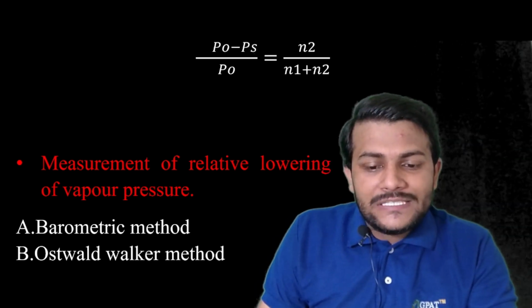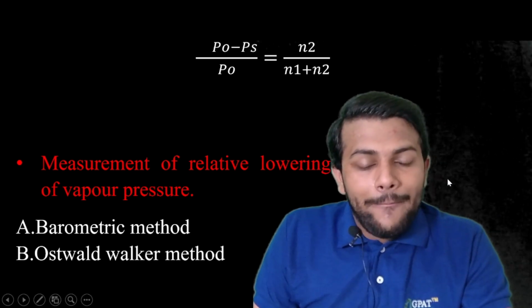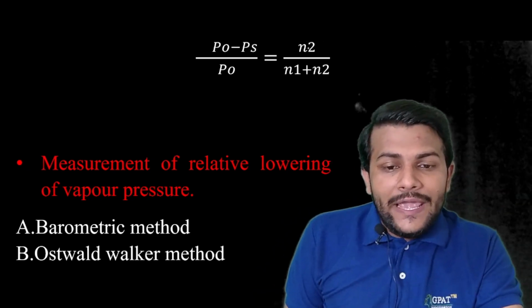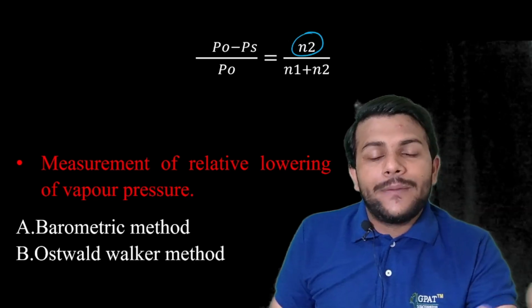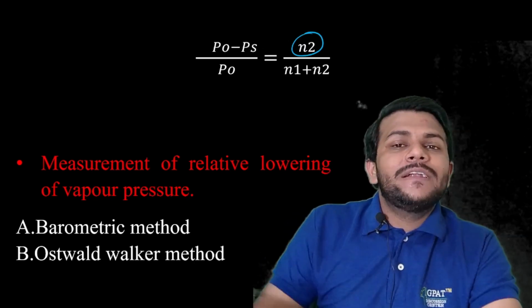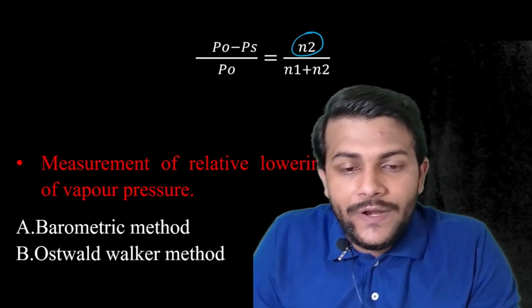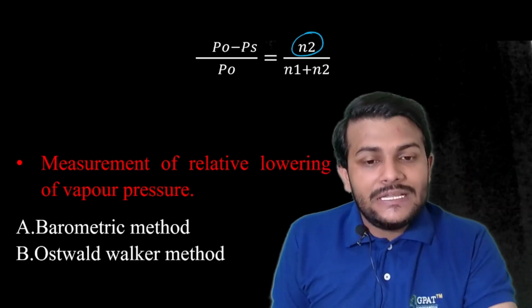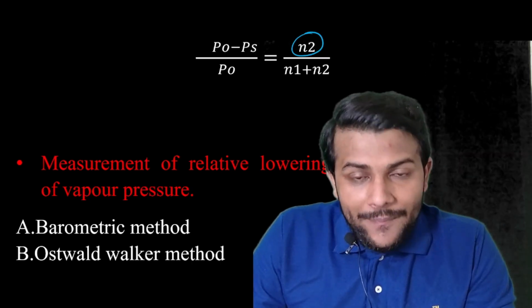As I told you, it is basically inversely proportional to the molecular mass. Here N2 is the moles of the solute, and N1 plus N2 is the solute and solvent together. P0 and PS are the initial vapor pressure and the vapor pressure of the solution.